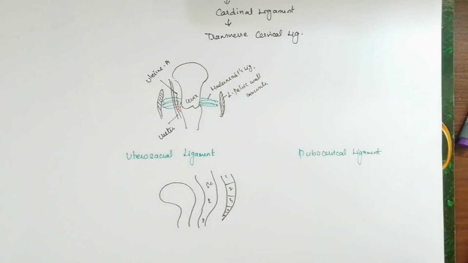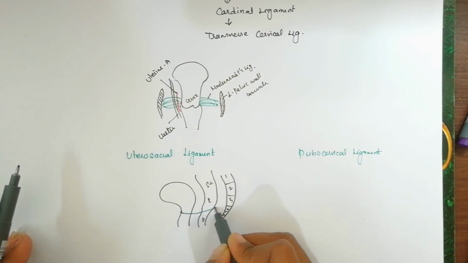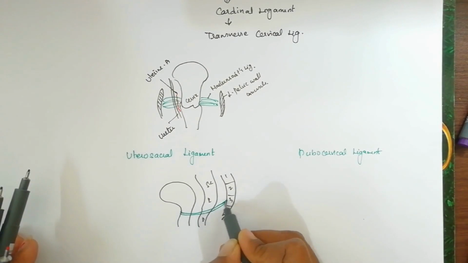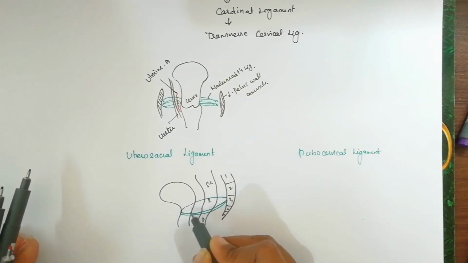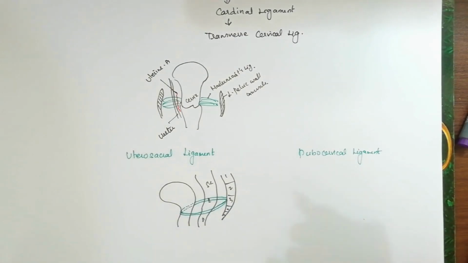From the cervix region of the uterus till the third sacral vertebra we have got some ligaments extending.